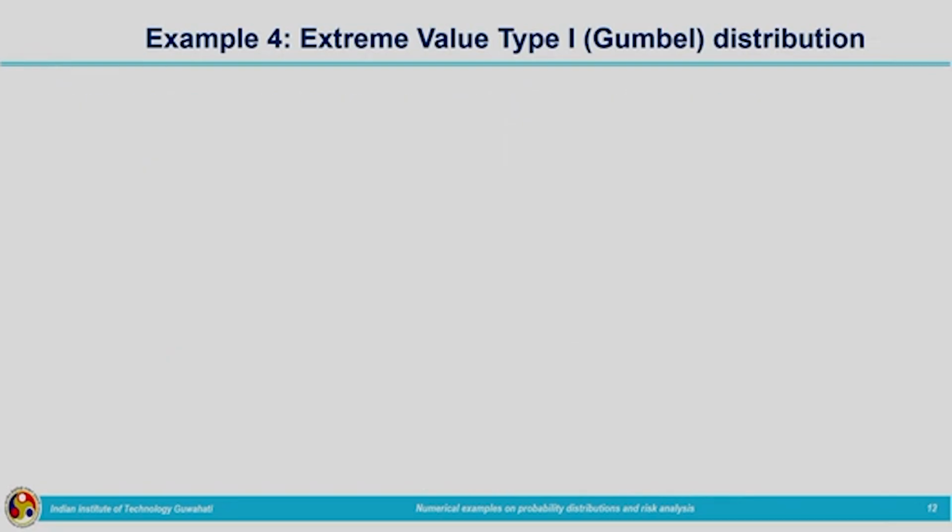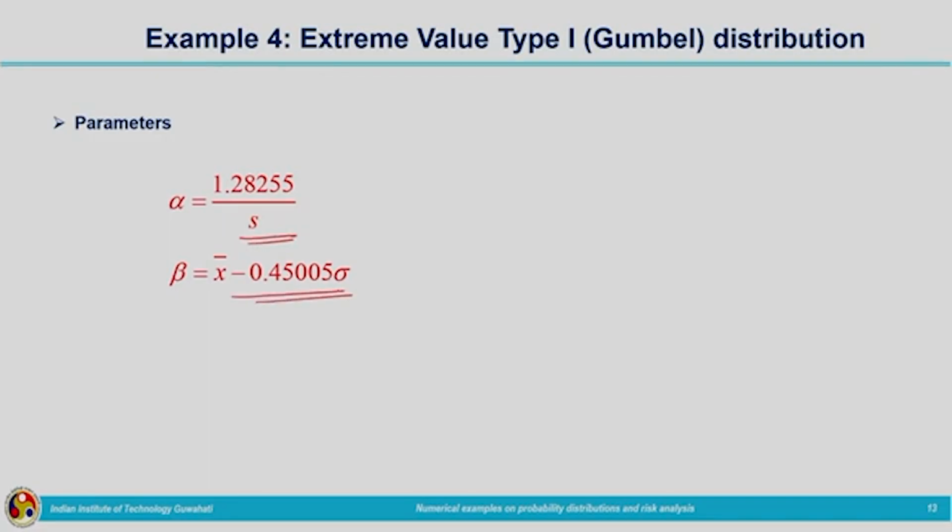Let us start solving the example. First we need to find out the parameters. Parameters alpha and beta, we have the expression corresponding to that. Alpha is given by 1.28255 divided by s, and beta is equal to x bar minus 0.45005 sigma. These are the parameters of Gumbel's distribution.